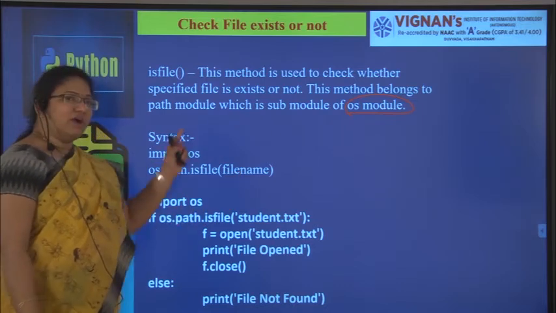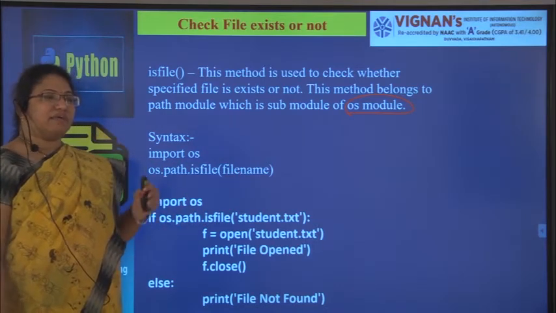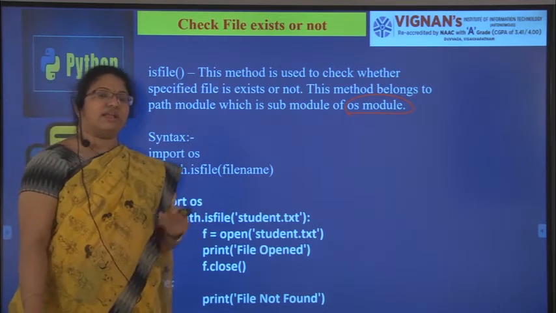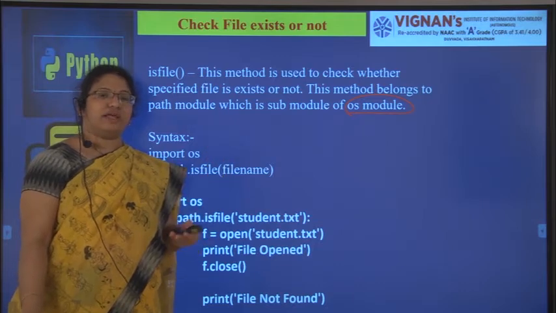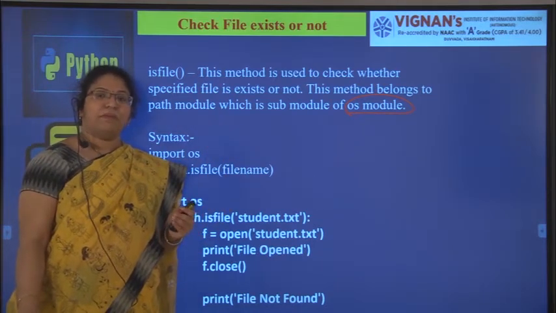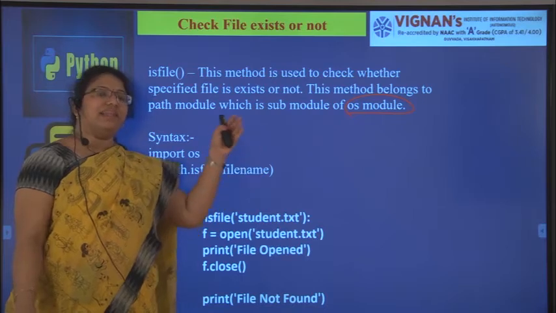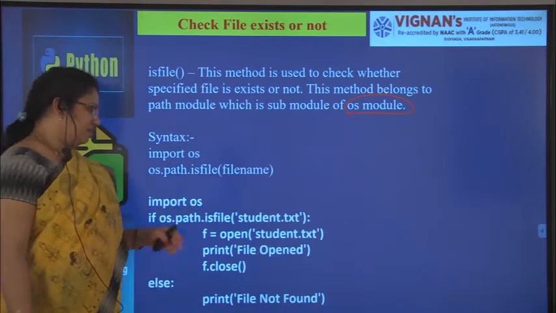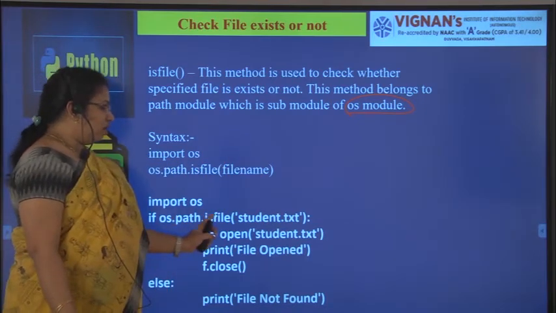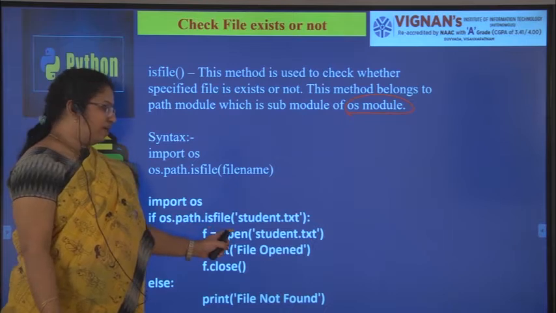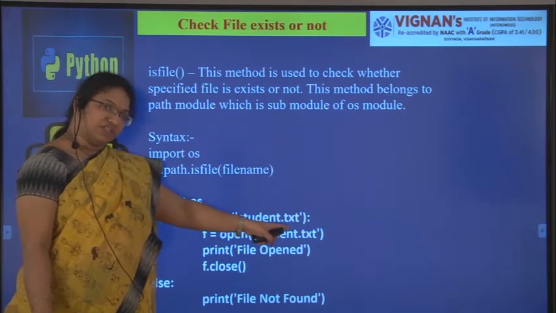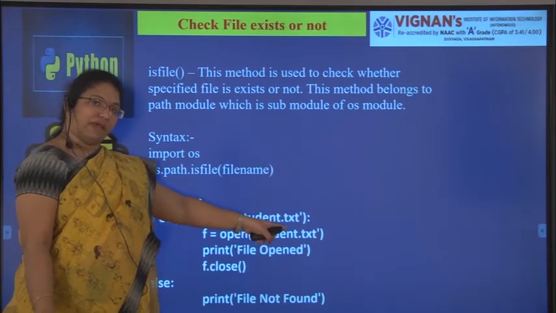Now why are we using this isFile function? Sometimes when you want to work with files, after execution you get an error that the file is not present. To overcome that, first we check with isFile, then perform the operation. If os dot path dot isFile finds that the file I want to check is present, then open the file.